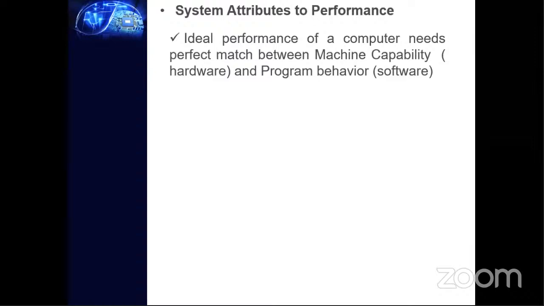You have to say which computer is doing the work faster, which computer is performing well. So in order to measure the performance of a parallel computer, the first thing needed is the ideal performance, the maximal performance of that computer.